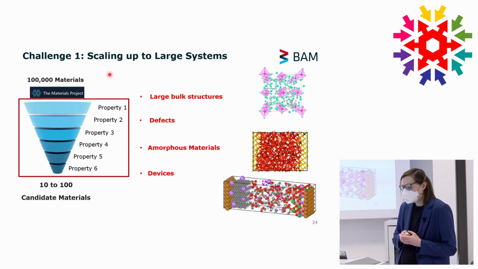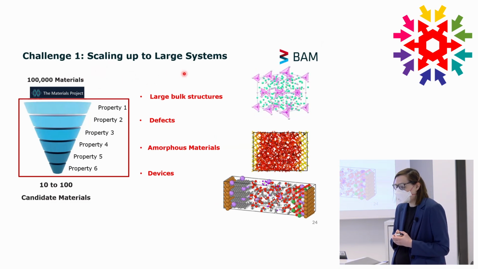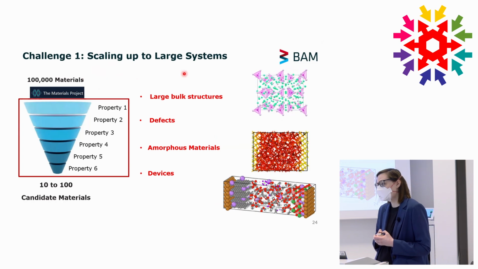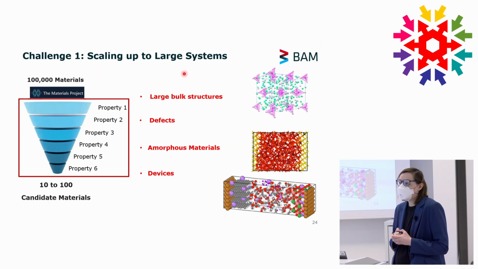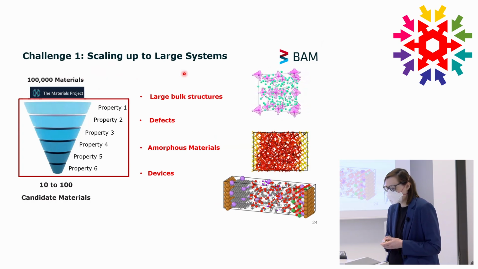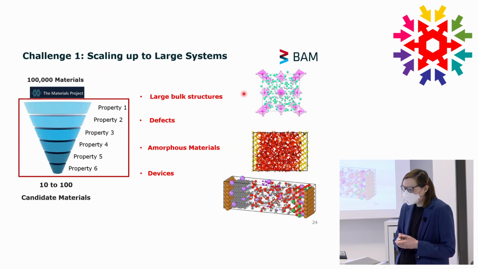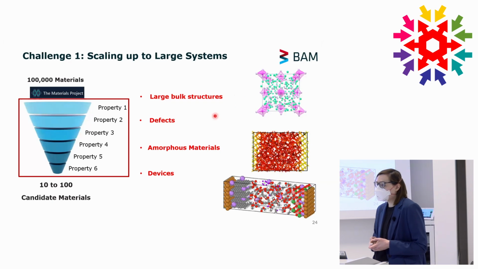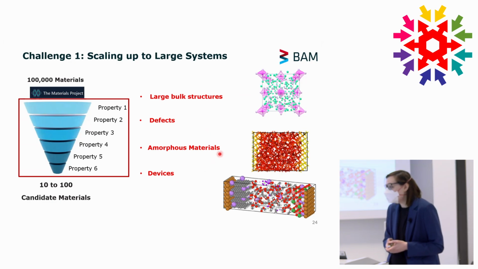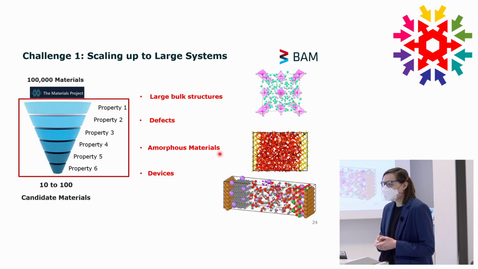So one problem is that for the application, very often properties are relevant that are really hard to compute. For example, if you want to compute the thermal conductivity of such a large bulk structure, it's nearly unaffordable. If you want to include defects in crystal structures or go to amorphous material, or maybe even simulate whole devices with density functional theory, that's a problem, and that's why we have to scale really to large systems.